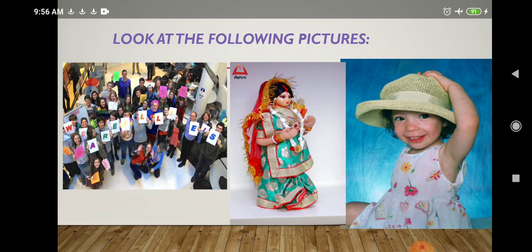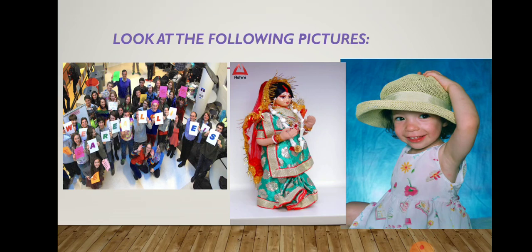Look at the following pictures. The first one is Students' Union. The second one is Rita's doll. And the third one is Zoya's hat. Now this club belongs to the students, so the students have got its ownership. Hence, it is Students' Club.